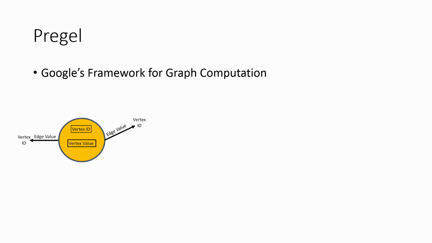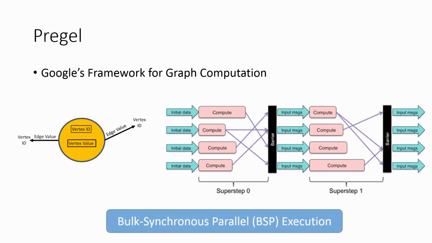So the way in which Pregel executes the computation on these vertices is in something called the bulk synchronous parallel style execution. So what happens is it schedules the computation to happen on every vertex as super steps. And what happens in each super step is each vertex will perform its computation and then wait for every other vertex to complete its computation, and thereby you have a barrier.